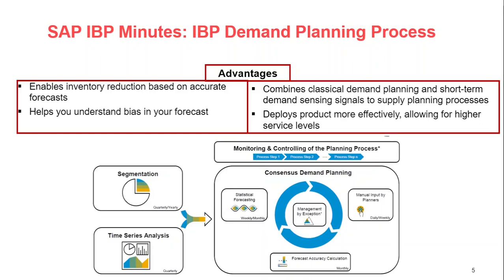Then it means you have 100% service level. Sometimes you have less supply and more demand, or less demand and more supply. These are all warning signals. So it's always good to have an accurate forecast and a better demand planning process.